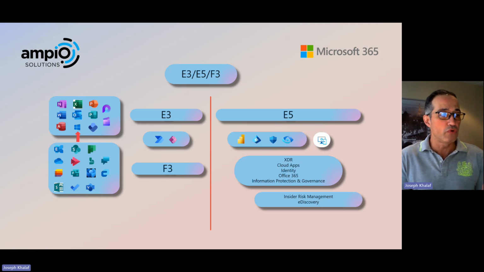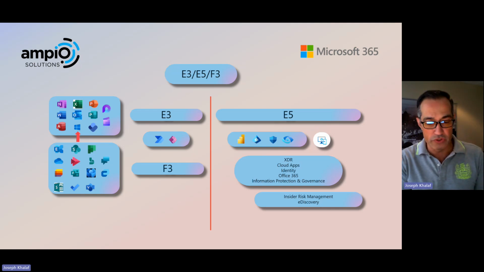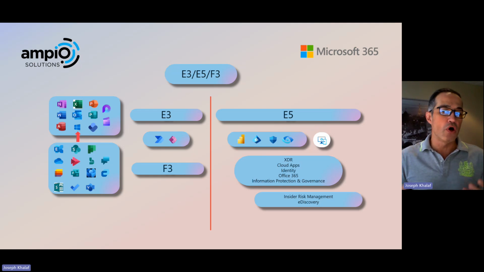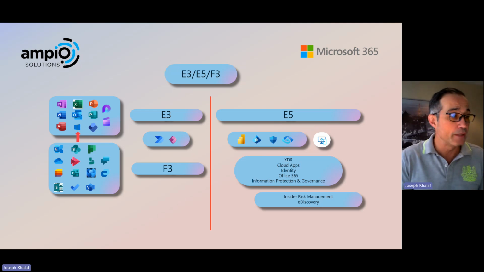So with E3, you're getting all of the familiar Microsoft products: Word, Excel, PowerPoint, Outlook, Access, if you choose to use Access. You're getting those on your Windows device, and also on a Mac if you're running a Mac.